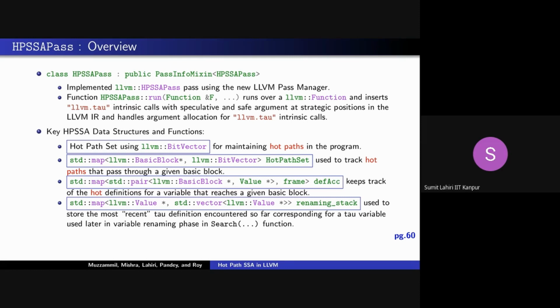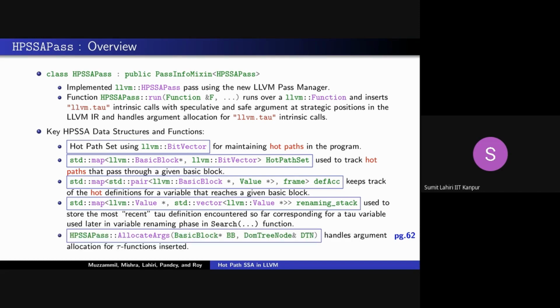If we are doing variable renaming, which is the same thing that is done in the case of SSA as well, we use this renaming stack to make sure we are able to replace the users with the tau variable. And finally, we have the allocate args function that handles how we assign the arguments to our tau function, or what the definitions are that reach a particular tau function.